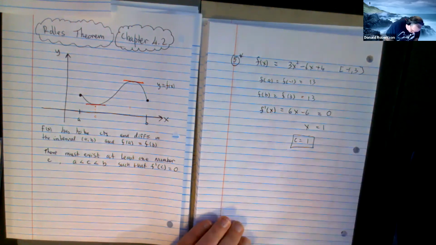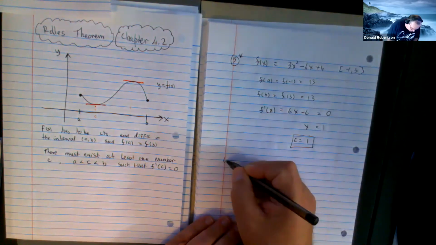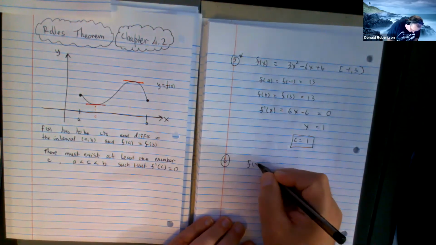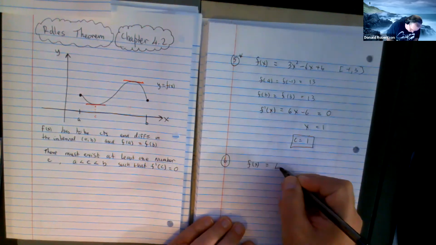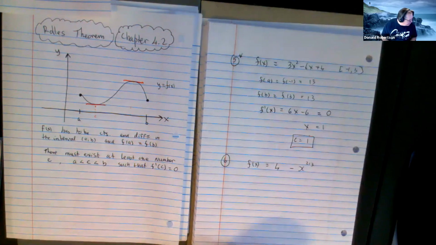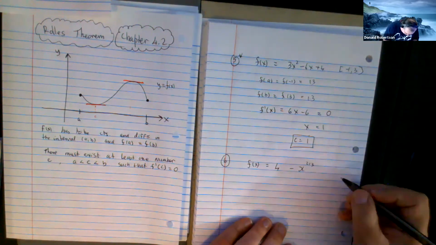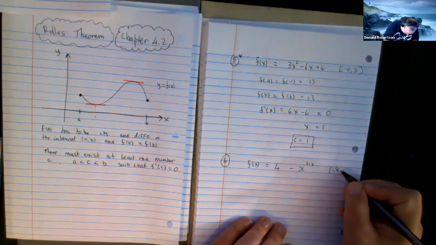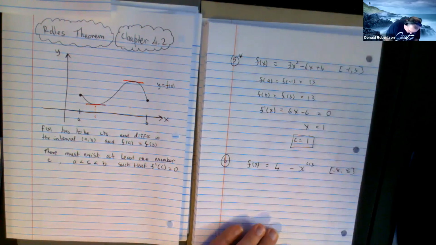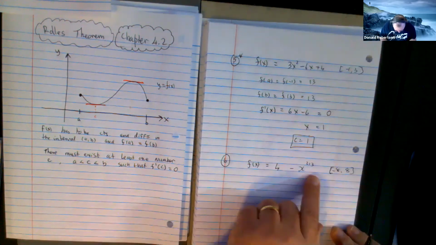Now, let's show you a situation where you cannot use Rolle's theorem. Here's a function and we're interested in -8 to 8. That function is actually continuous.